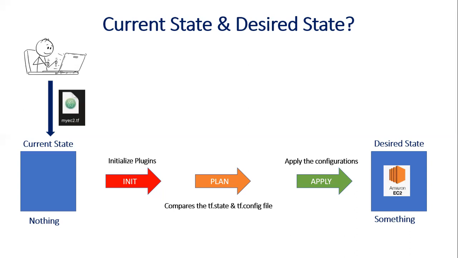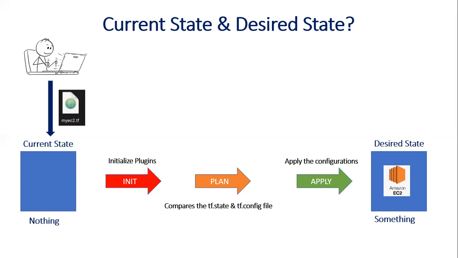Basically, when we want to launch any configurations in Terraform, the configuration file should be in the format .tf. So TF stands for Terraform. So any configuration should be available in TF format. So the user enters the configurations in the Terraform file, and he keeps it at the current state.